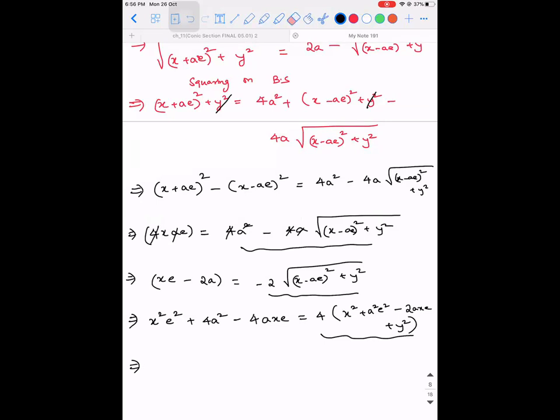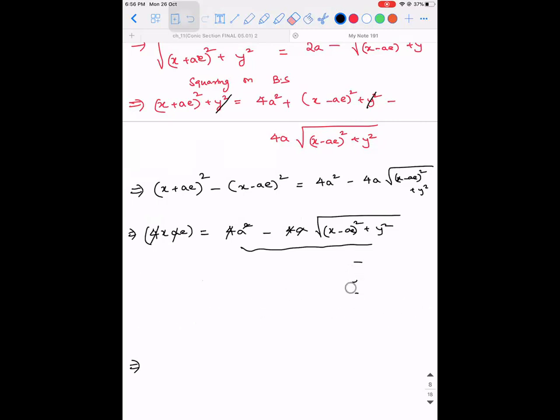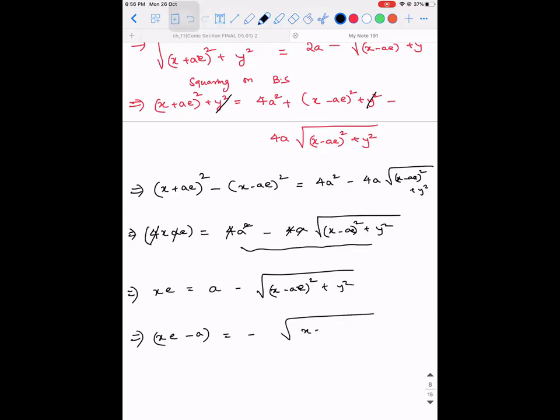So 4 is gone, right? Now we'll get xe is equal to a minus root of (x minus ae) the whole square plus y square. See, I'm bringing the a to the other side. So xe minus a is equal to minus root of (x minus ae) the whole square plus y square.